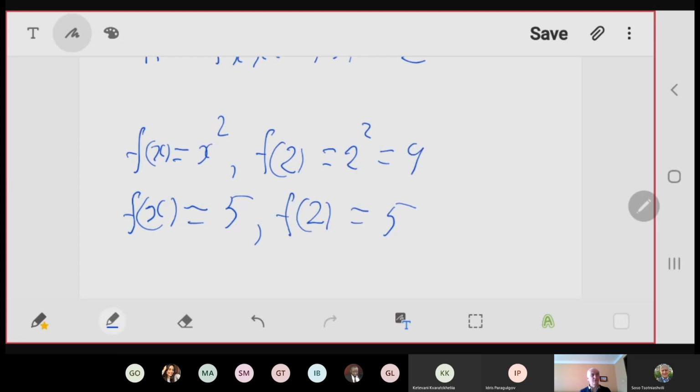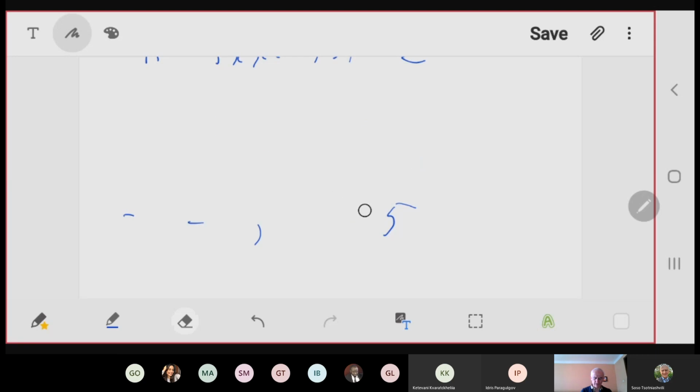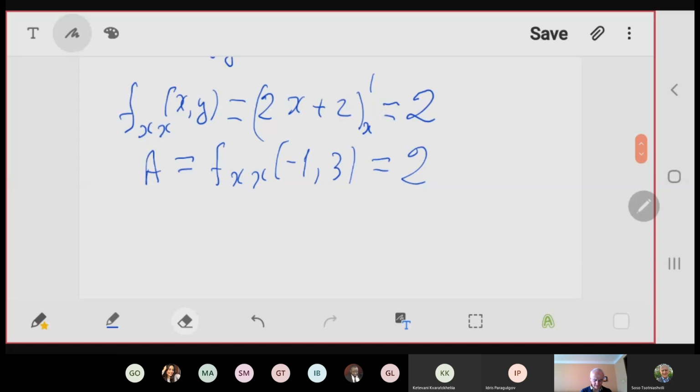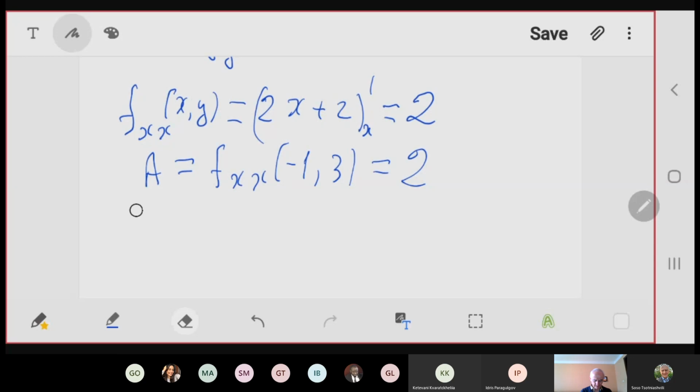It's constant. For f(100), it's 5 again. So it's just for analogy, to be more clear.